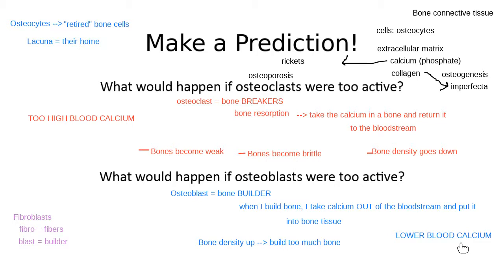It takes longer for me to build compact bone. So I may end up with increased bone density. Probably a good amount of that increased density would be in the spongy bone, because that's a lot easier for me to build than compact bone. So I think that's where a lot of our bone density would increase, because we'd be building a lot of new spongy bone.